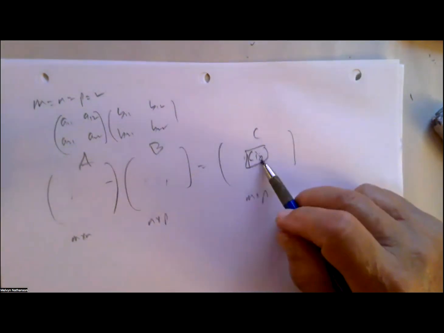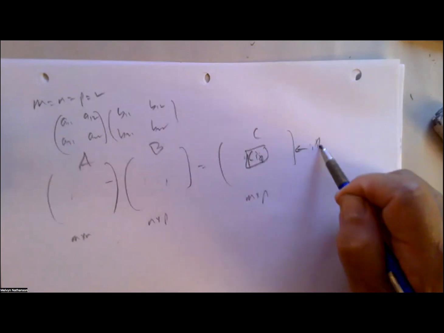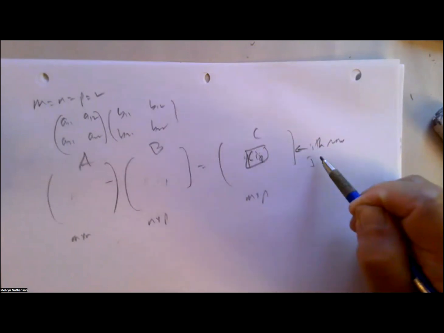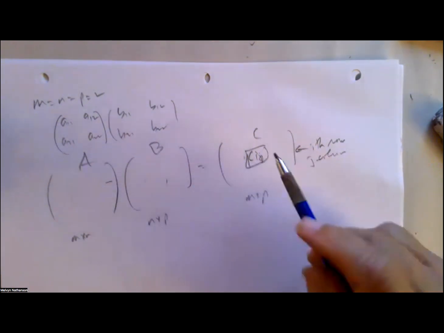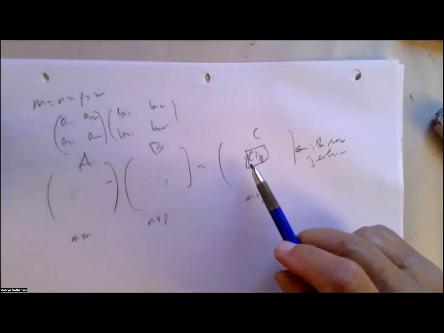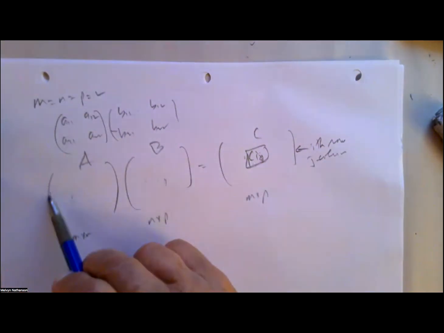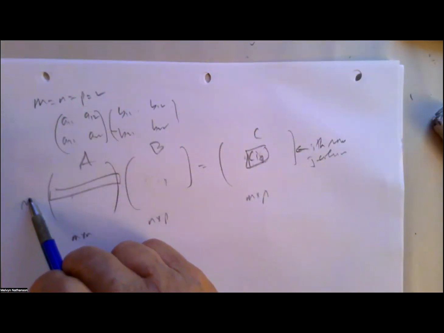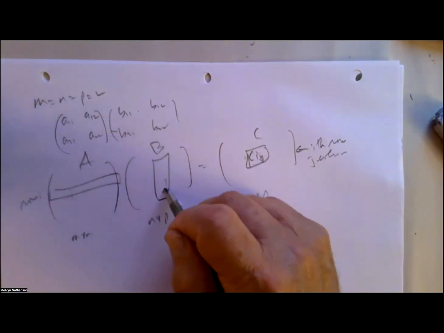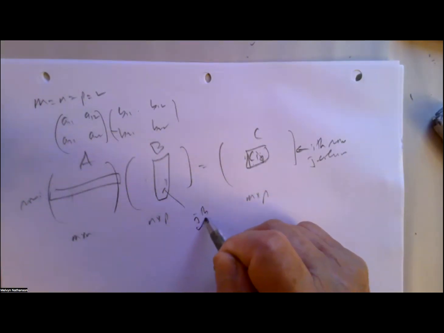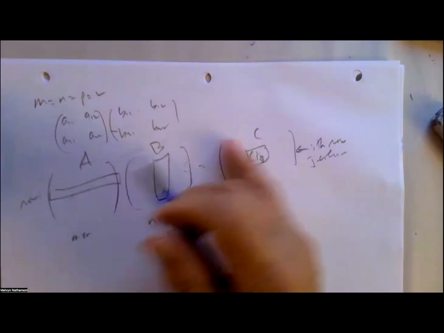This is in the ith row, jth column coordinate. So the way you get the ijth component of the product is you take the ith row, this is row i in A, and the jth column in B, and you multiply them.